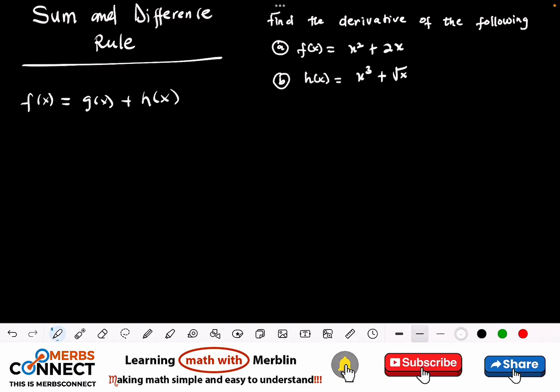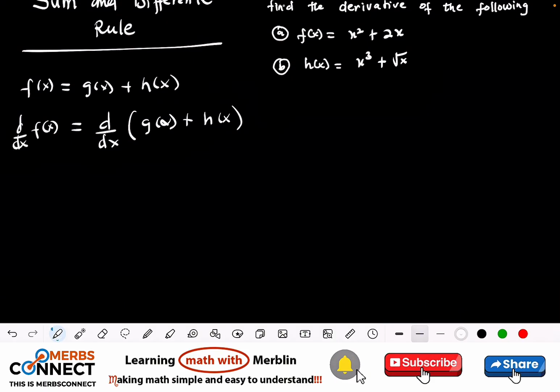Then if I want to find the derivative of this, it's very simple. f prime of x is equal to, I need to differentiate this. So let me just do it bit by bit. I want to differentiate f with respect to x, so I'll have g of x plus h of x, right?